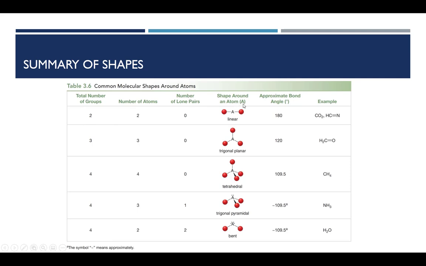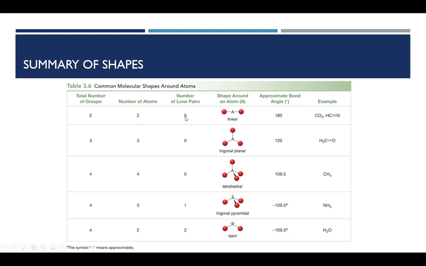We're assuming the central atom is going to be this atom here, A, and these red groups stand for the atoms that A is bonded to. So in this picture, atom A is bonded to 2 other atoms, and you see no lone pairs drawn on atom A. So therefore, we would say atom A is bonded to 2 atoms. We don't include it itself, and it has no lone pairs.